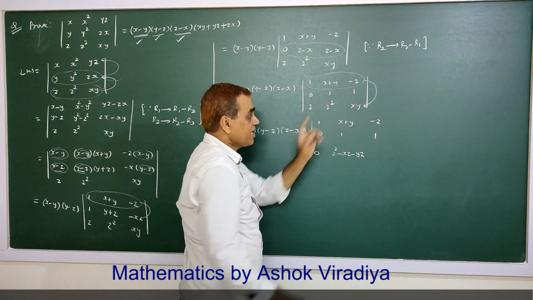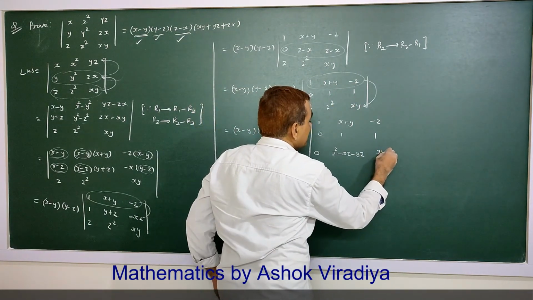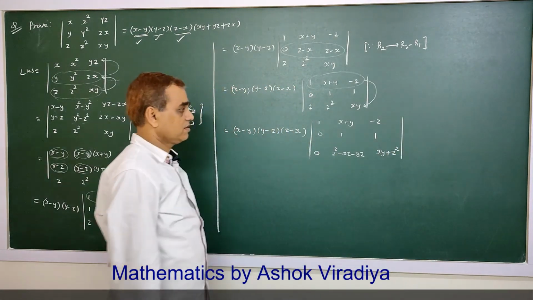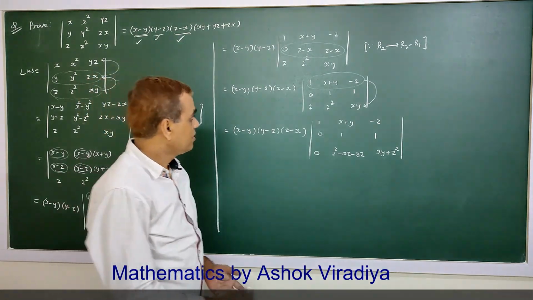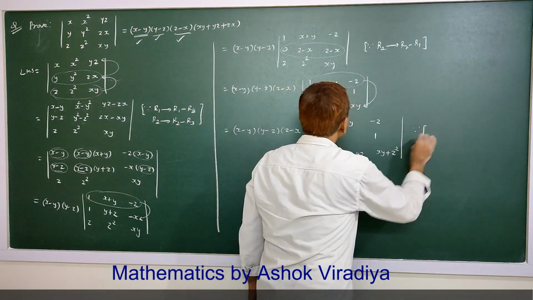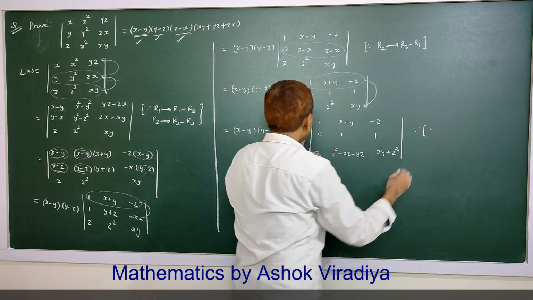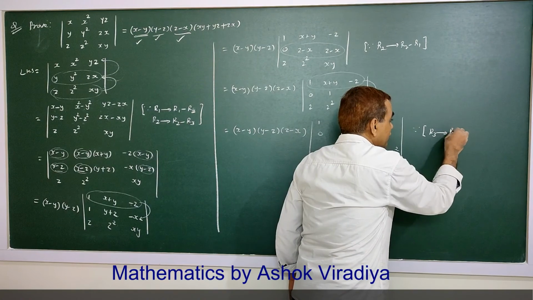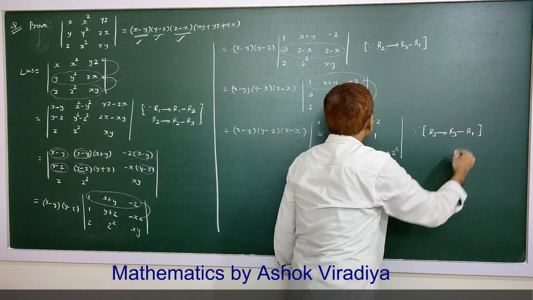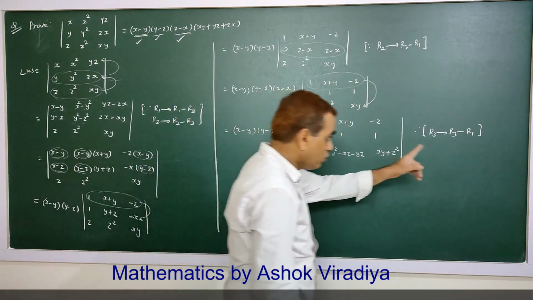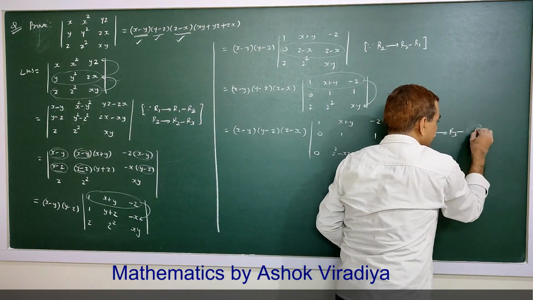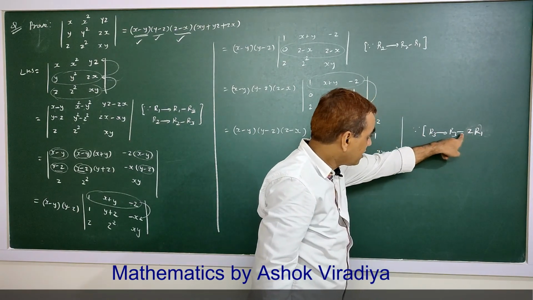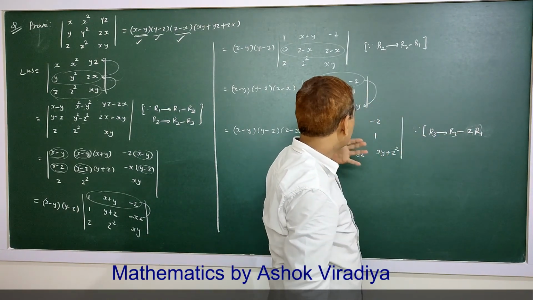Multiply by z, subtract here, so xy plus z square. This is obtained. So what is done here? Change is done in third row. So what is done in third row? In third row, first row is subtracted. First row multiplying by z, after multiplying by z, subtracted from third row.